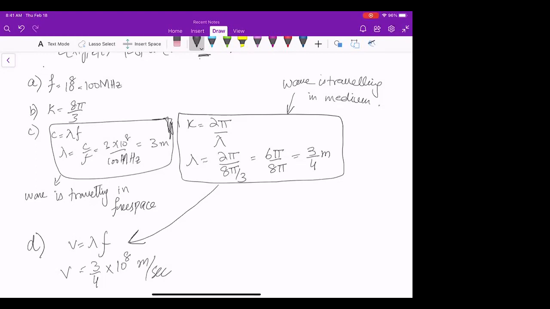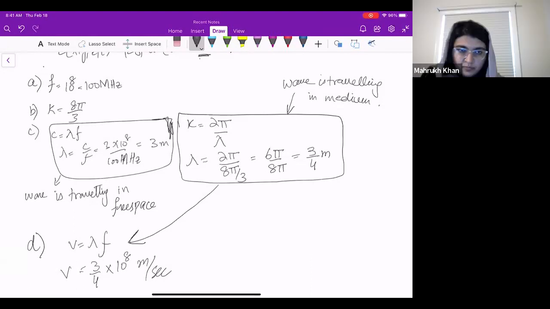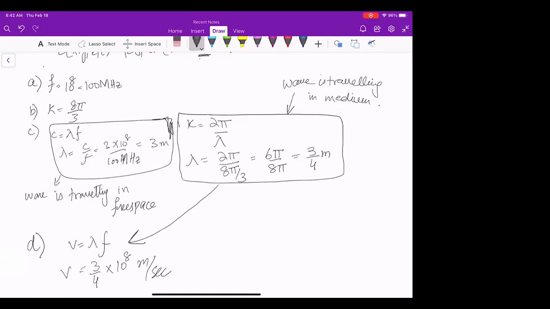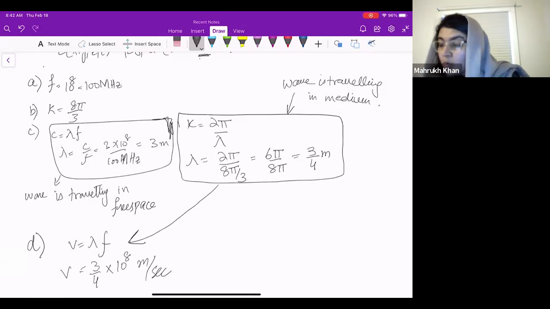Dr. Khan, what's the difference between the other formula, C over the square root of epsilon r mu r, and VP?